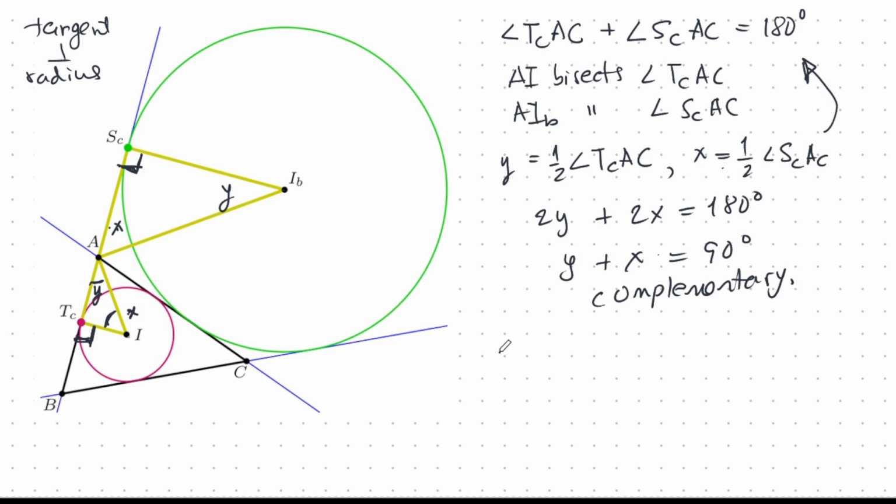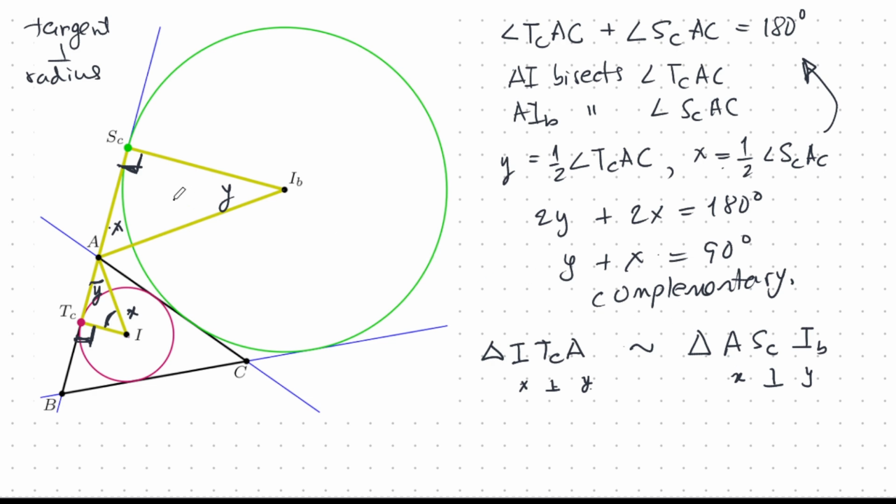So let me write that down carefully. Triangle ITCA is similar to ASCIB, and I'm careful to match. I matches with angle X, TC is at the perpendicular angle, and A matches with Y, and same here.